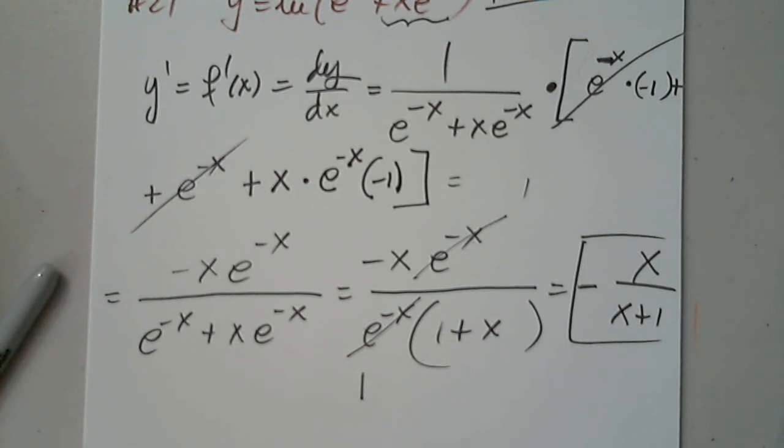Very good. It was a little challenging. We had the product rule, we had the chain rule, we had the natural log. That was good. Okay, so let's see if we want to look at another before we discuss log in any other base but e.